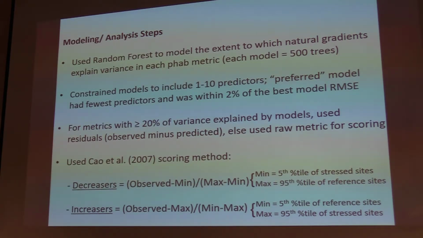For increasing metrics, those that increase in response to human disturbance, we did the exact opposite. We set the scoring floor as the 5th percentile of reference sites and the scoring ceiling as the 95th percentile of stressed sites.